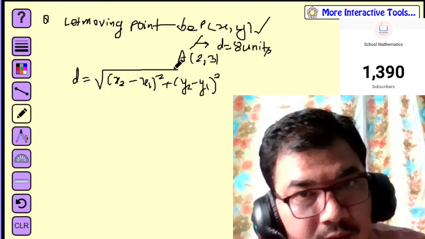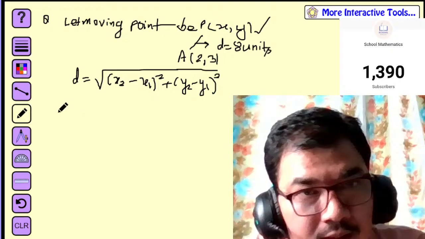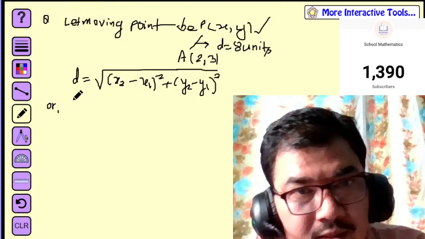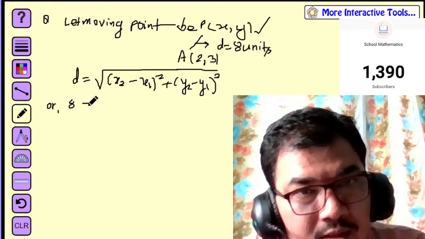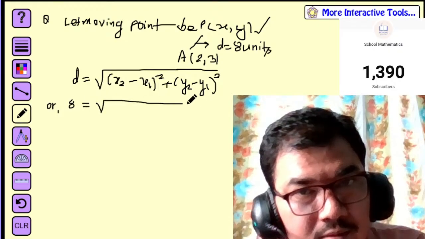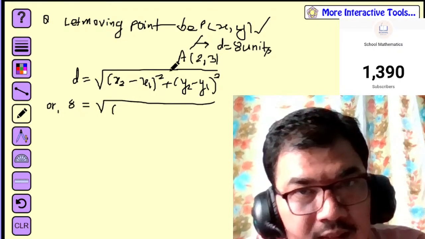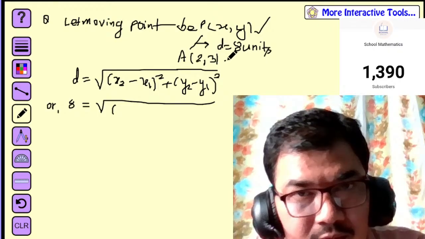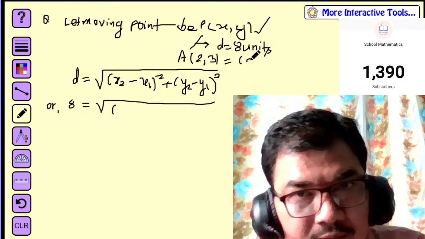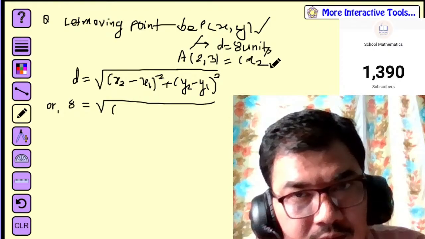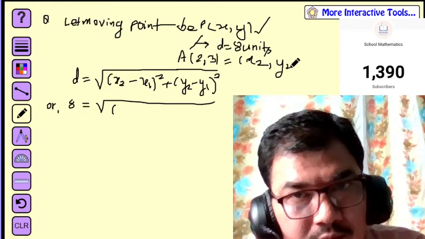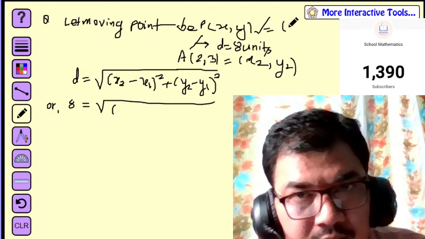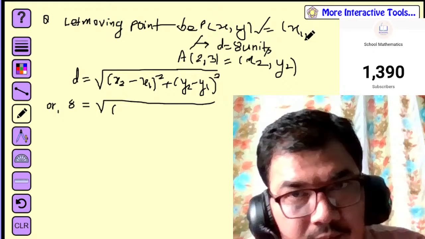The distance value is given as 8 units, so substitute it and the other values. We suppose the first coordinate is (x1, y1), and the second coordinate is (x2, y2).